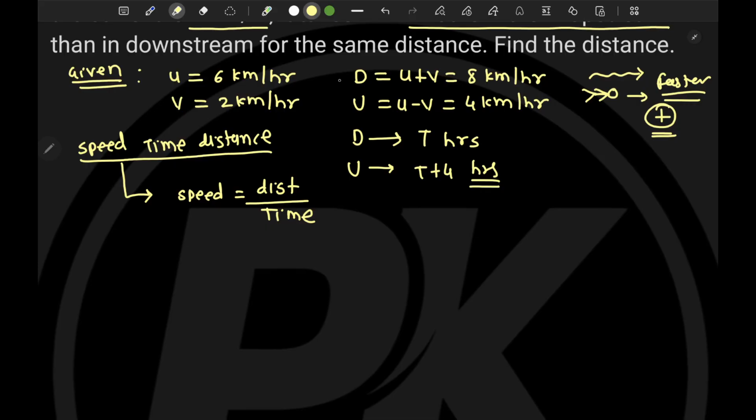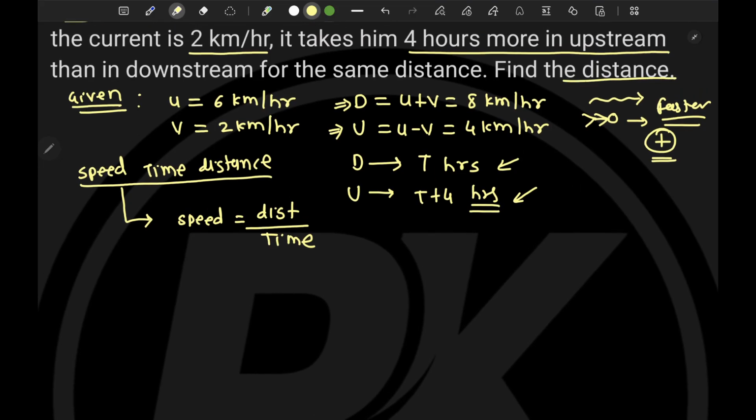Now we know the downstream speed, we know the upstream speed, and we know the time required for downstream and the time required to row upstream. And what they asked is to find the distance. So we have to find out the distance. Now let us consider the first case, downstream.